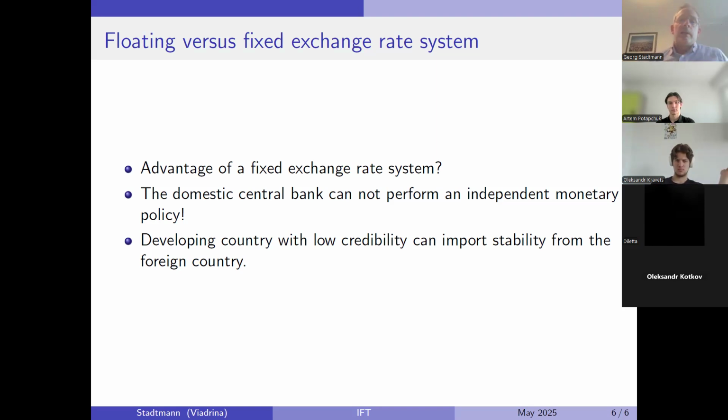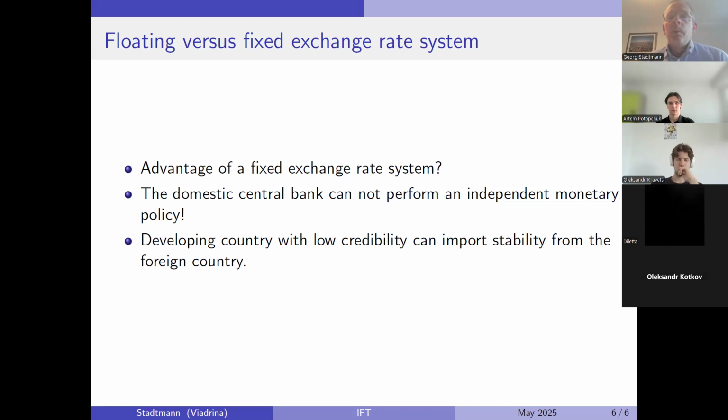And then another advantage of a fixed exchange rate system is that a developing country with relatively low credibility can import stability from the foreign country. A developing country is sometimes perceived as an economy which always has higher inflation rates, and goods prices are unstable.